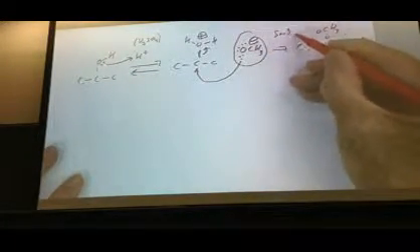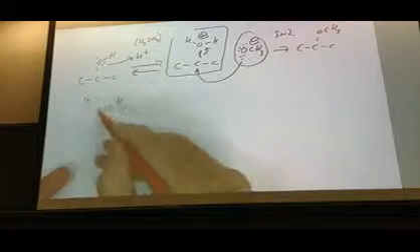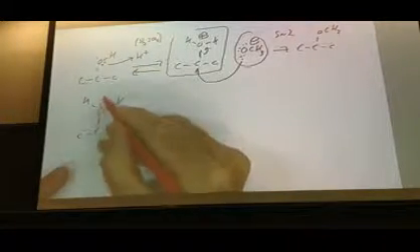Now suppose, instead of getting the SN2 type, you have a weak nucleophile. Let's just recopy this guy. And we have a weak nucleophile. It's not going to be pushy. It's not going to be rude.